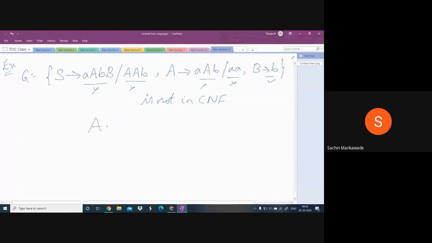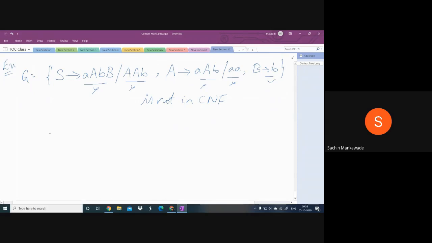The right side is also a single non-terminal. This is not a unit production because it is a terminal. No null productions and no unit productions here, so we can continue.